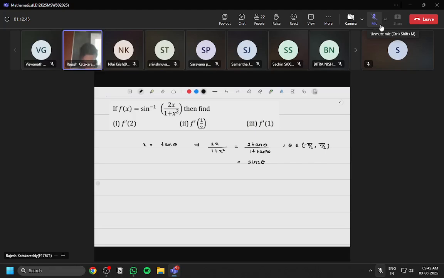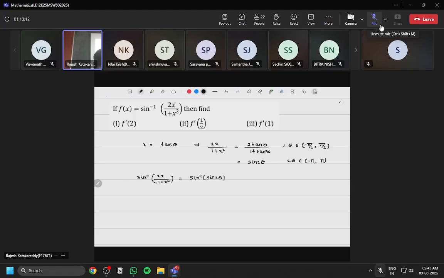So now if I substitute here, 2 theta belongs to minus pi to pi. Can you see this one? Now I can say that the function sine inverse of 2x by 1 plus x square will be equal to sine inverse of sine 2 theta.